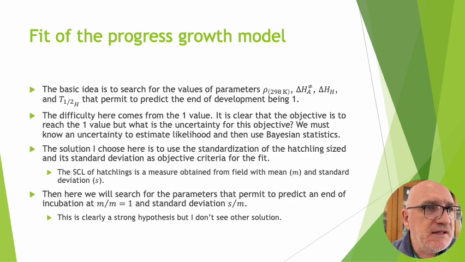The difficulty here comes from the 1 value. It is clear that the objective is to reach the 1 value, but what is the uncertainty for this objective? We must know an uncertainty to estimate likelihood and then use Bayesian statistics.